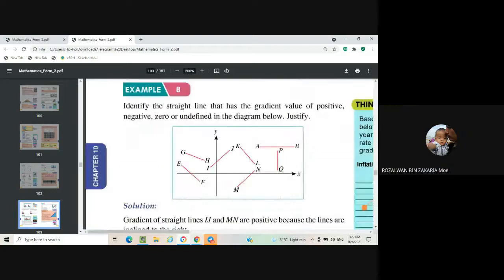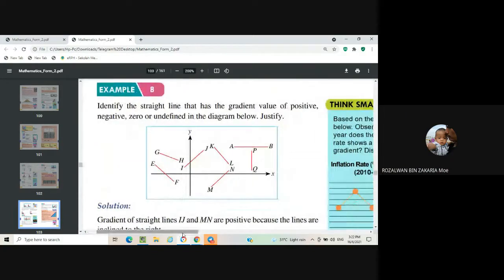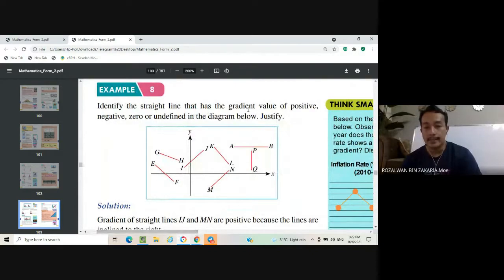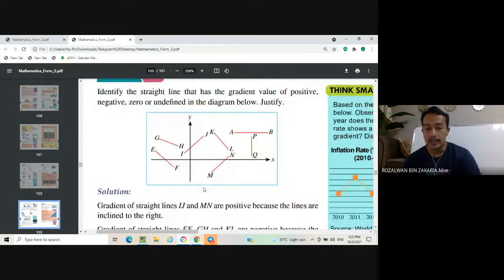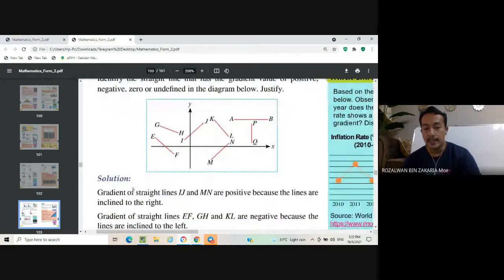Now look at this one. Example X. Identify the straight line that has the gradient value of positive, negative, 0, or undefined in the diagram below. Justify. So how to do this one? Look at the first one, the gradient of straight line ij.